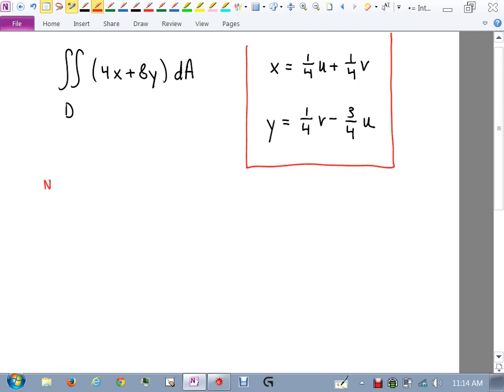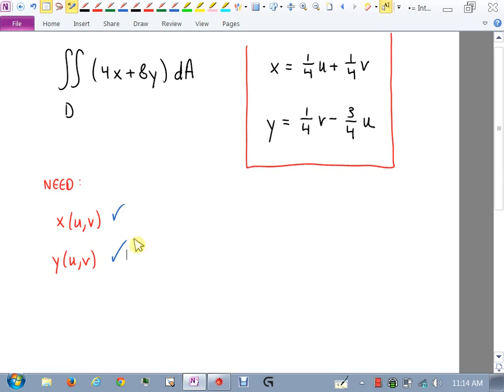In order to do this problem, I will need my x as a function of u and v, and my y as a function of u and v. Do I have those? Can I determine x from u and v? Yes, right here. Can I determine y from u and v? Yes. So I've got these, and that's a good thing because I'm going to need to take the partial of x with respect to u, partial of x with respect to v, and so on and so forth when I do my Jacobian determinant. So that part I've got.